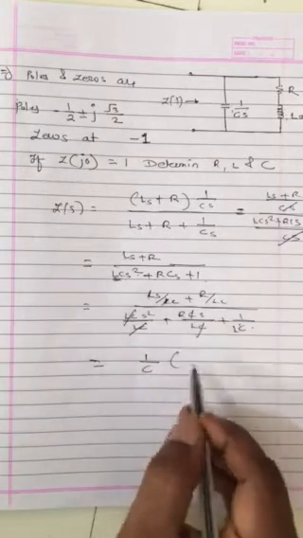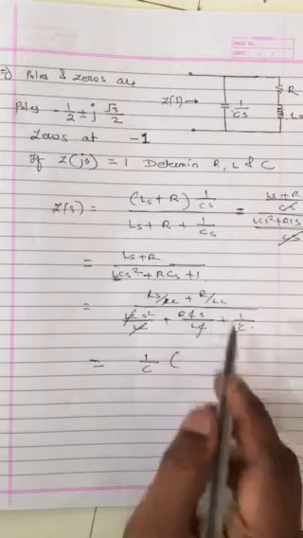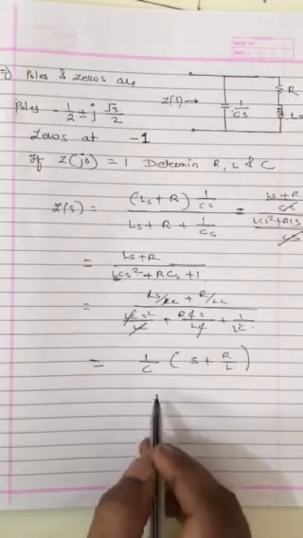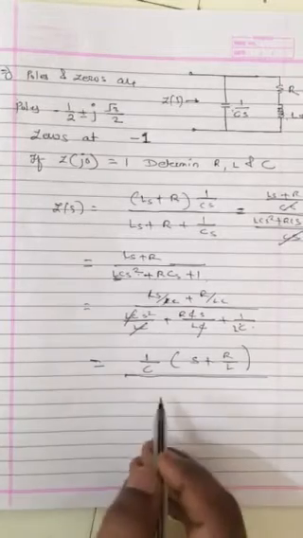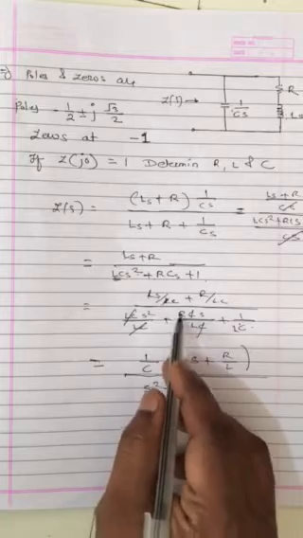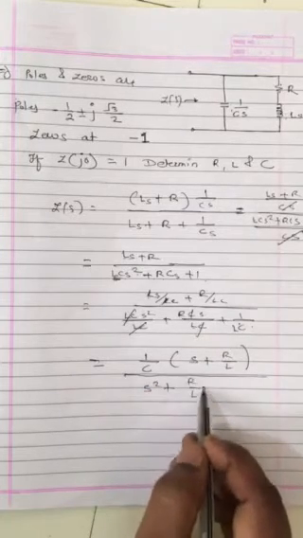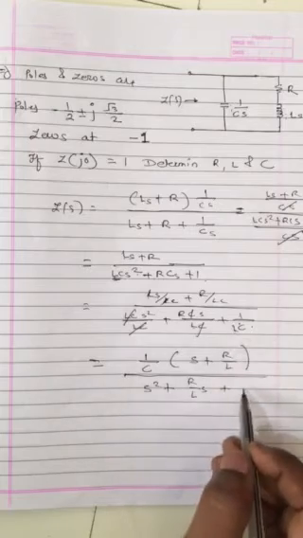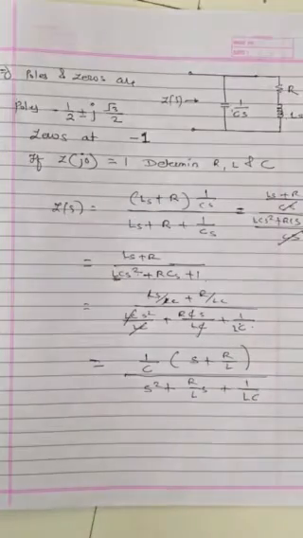In the bracket, s plus R by L will be there. And in the denominator I will have s² plus (R by L)s plus 1 by LC. This is the equation which I have got.